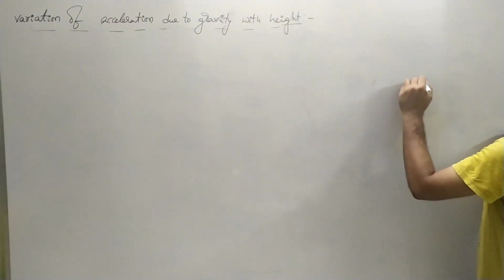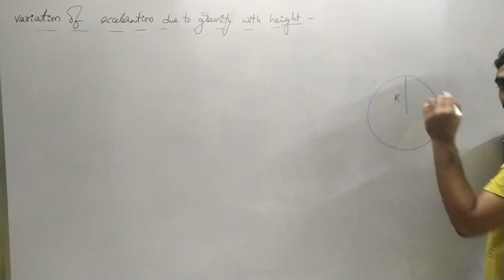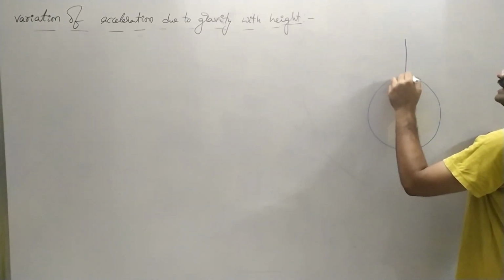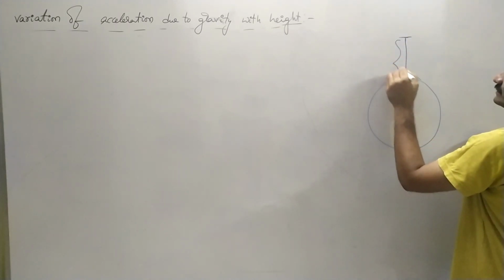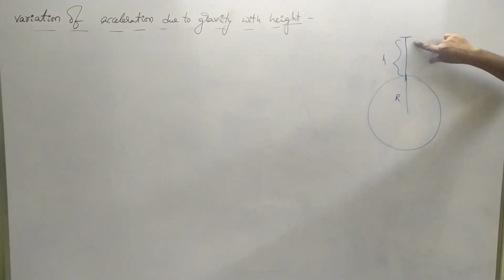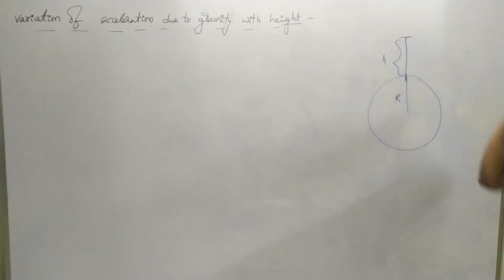Now we consider the surface of the earth and we know that the radius of the earth is r. Here we are going to consider a body at a height of h from the surface of the earth. Now at this height we have to represent the acceleration due to gravity.